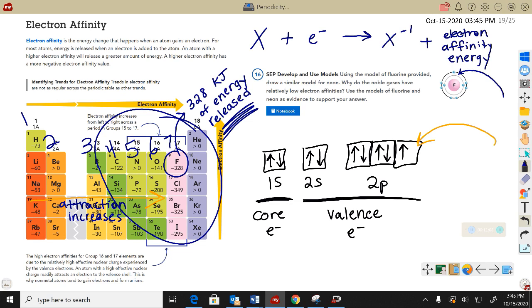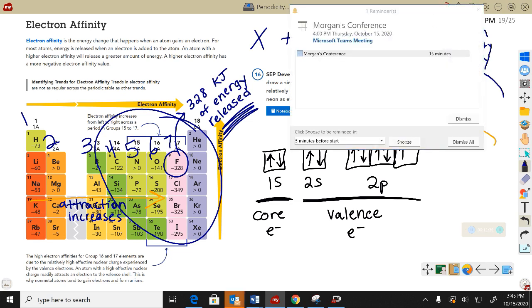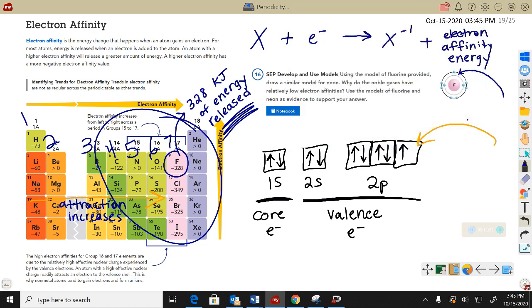Okay, so you're gaining electrons going across the group, and you get this really high amount of energy released when you hit the halogens in pink, and then all of a sudden it's zero. Well, think about it.